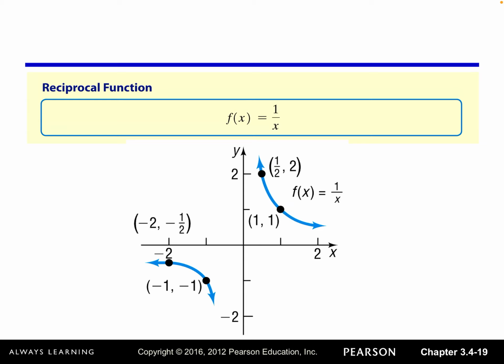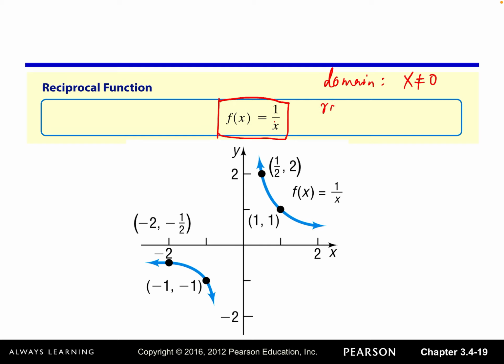And the last one in the function library is called the reciprocal function. The standard form is f of x equals 1 over x. Since it has a denominator, the domain is x cannot be 0.